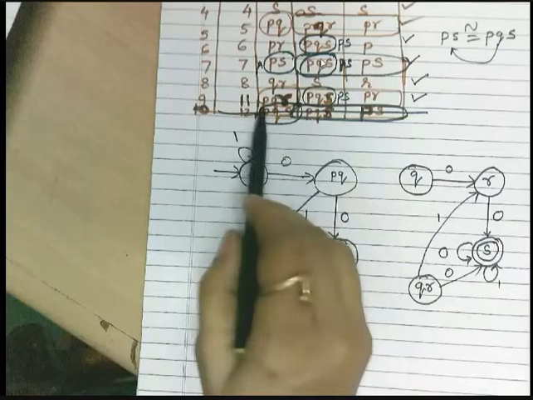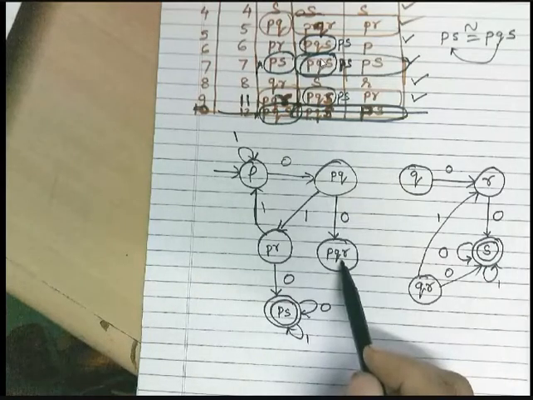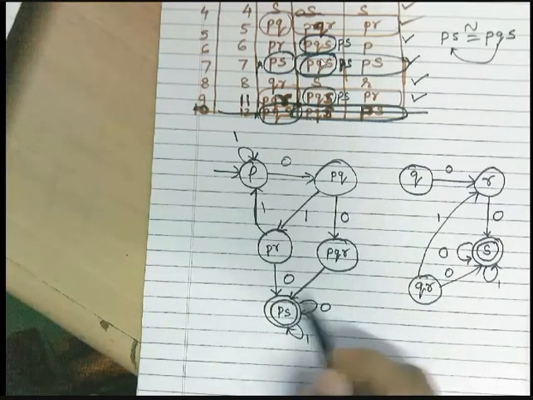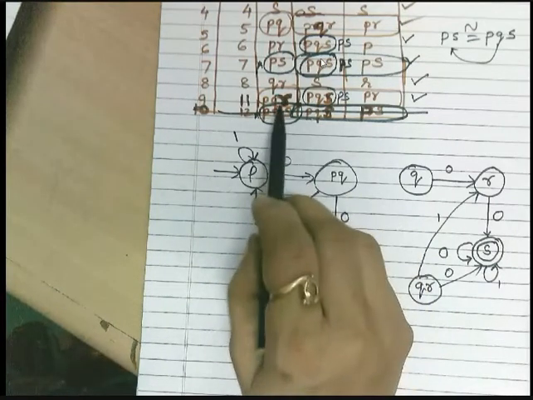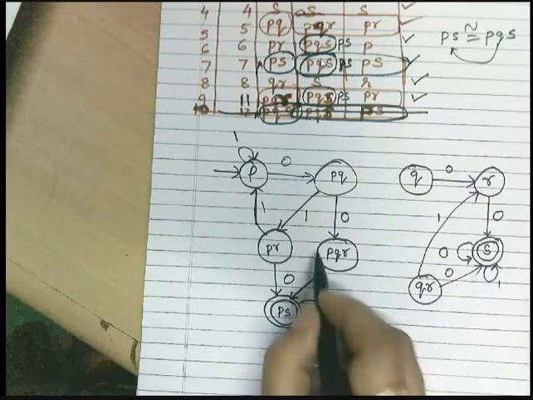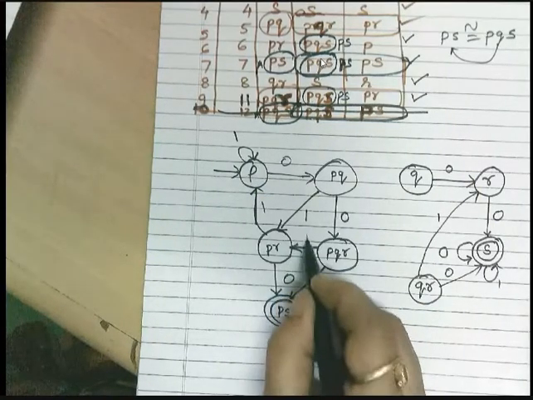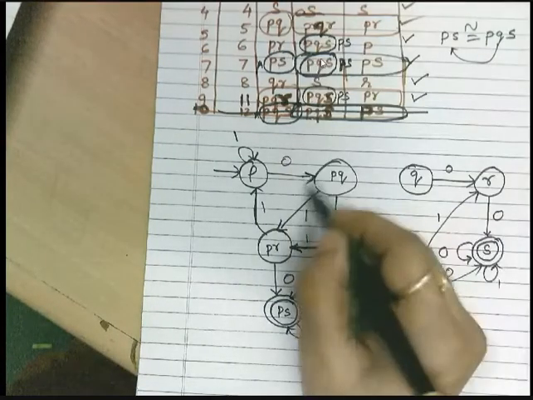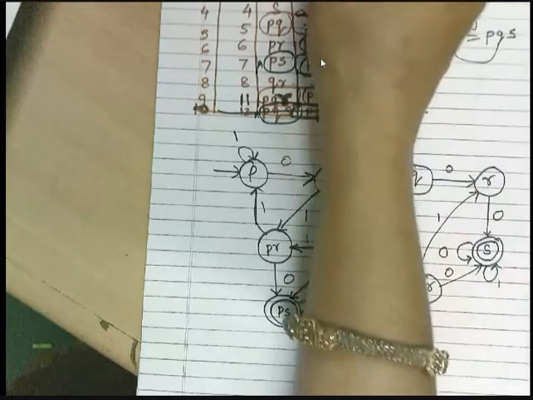Then PQR on 0 goes to PS and PQR on 1 goes to PR. I have just marked all the transitions as per this table entry delta.